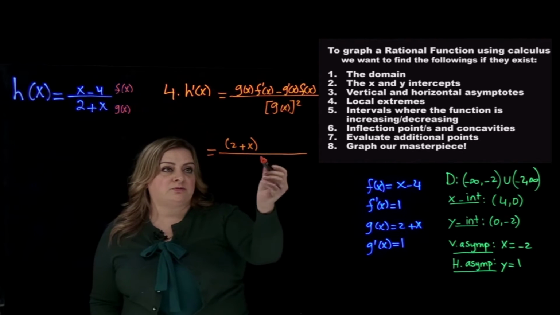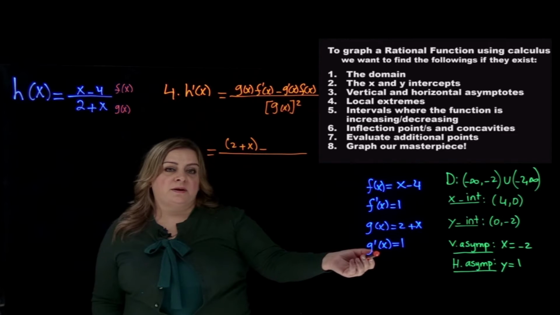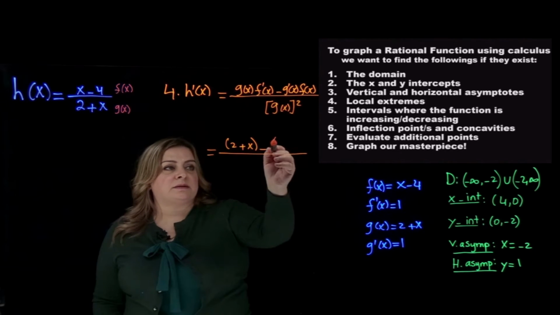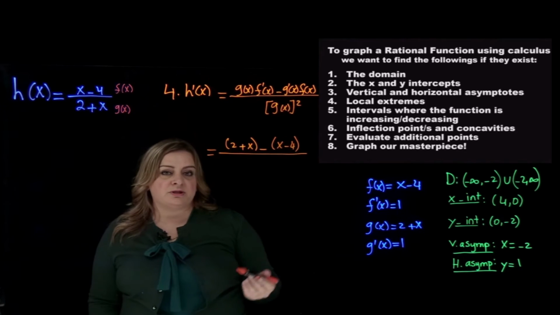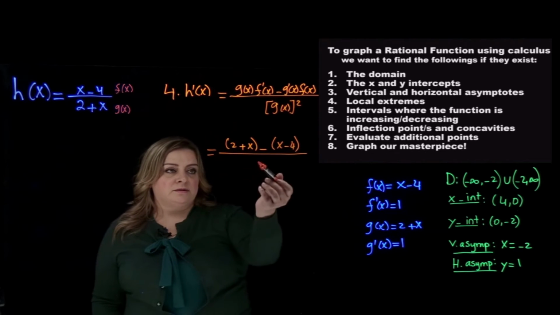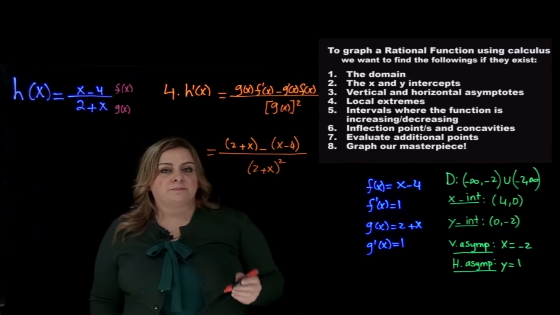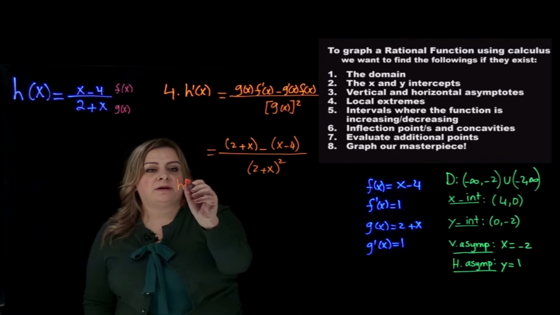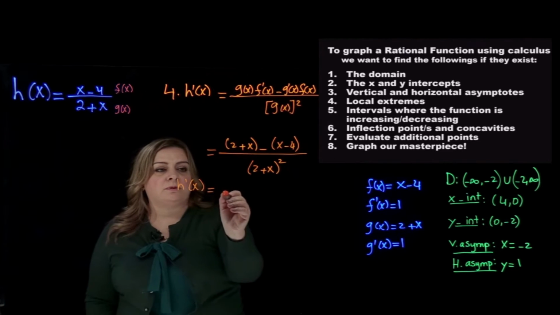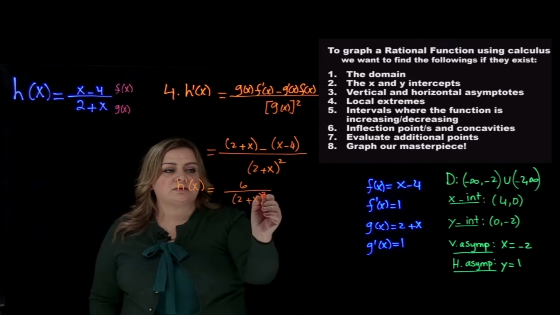So I'm going to have 2 plus x, minus g prime of x, which is 1, times x minus 4, which is the value of f of x, divided by g of x squared, which is 2 plus x squared. Now simplifying the numerator, we will have h prime of x equals 6 over 2 plus x squared.